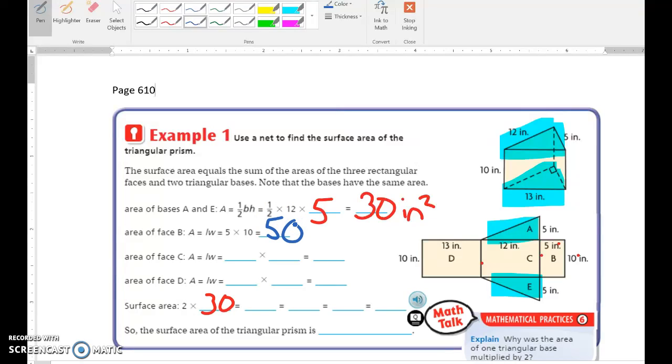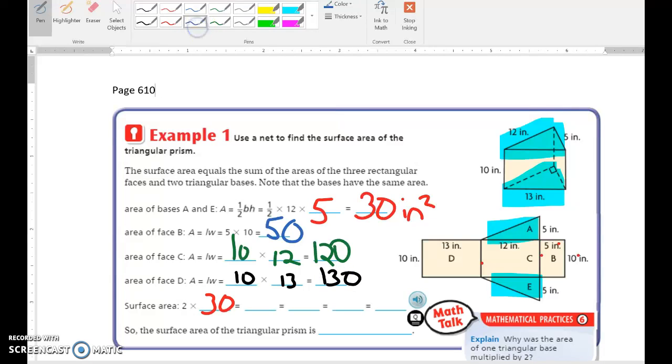For face C, 10 times 12 is going to be 120 square inches. For face D, 10 times 13 is going to be 130 square inches.